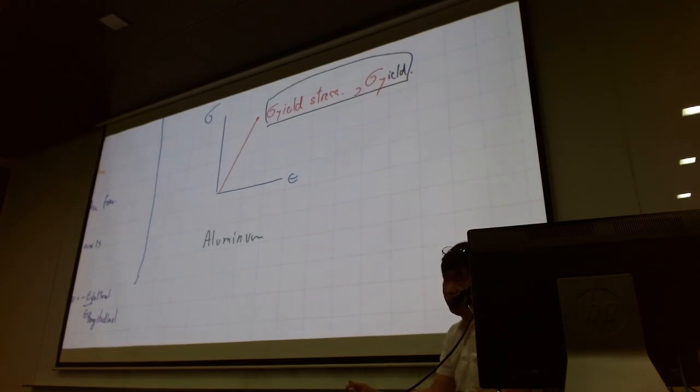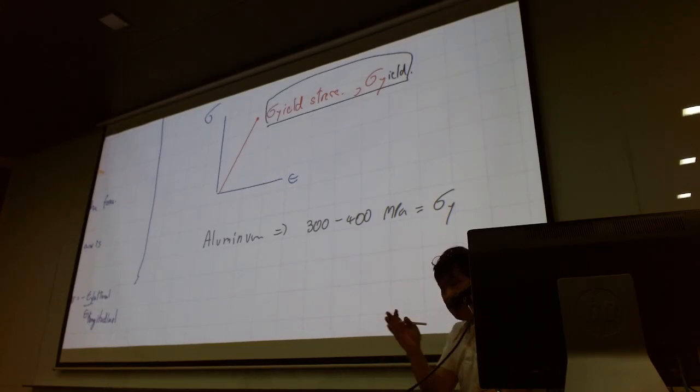Aluminum. Usually aluminum is around 300 to 400 MPa for the yield stress. You can verify that with Google to check the mechanical properties of aluminum. Now, aluminum itself has many grades.